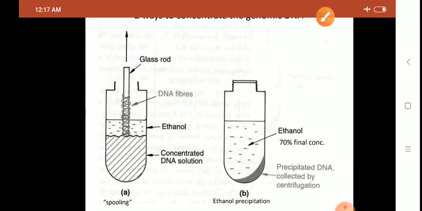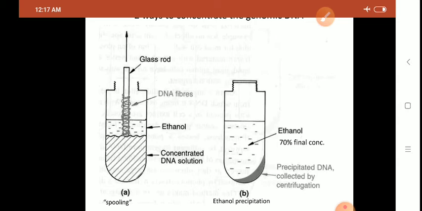When you add cold ethanol at 70% concentration and centrifuge, the DNA will precipitate and get collected at the bottom after centrifugation. This ethanol will separate only long threads of nucleic acid. And long threads of which nucleic acid are present? DNA.